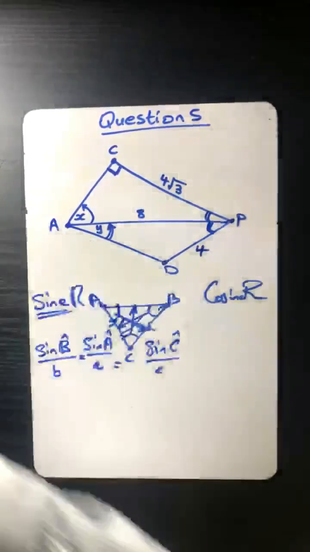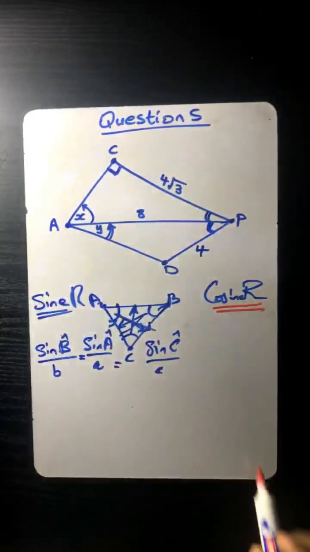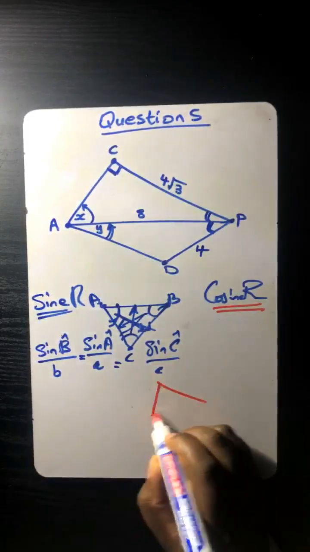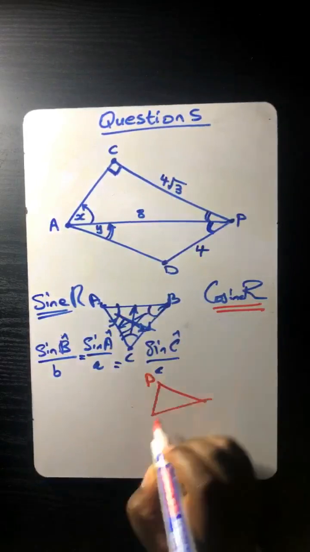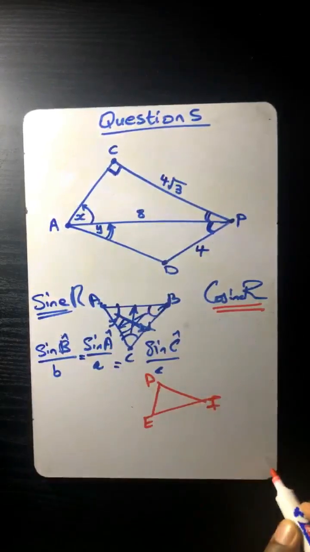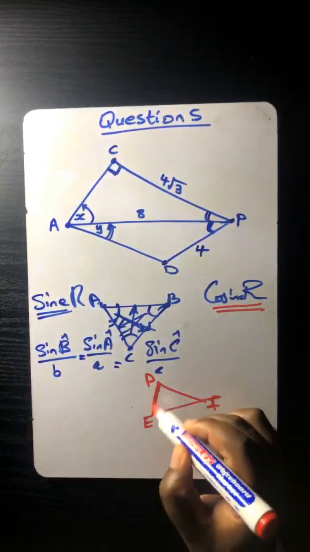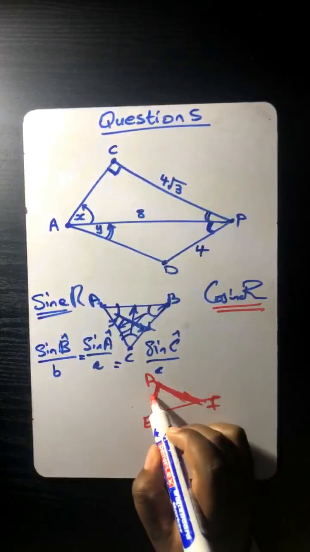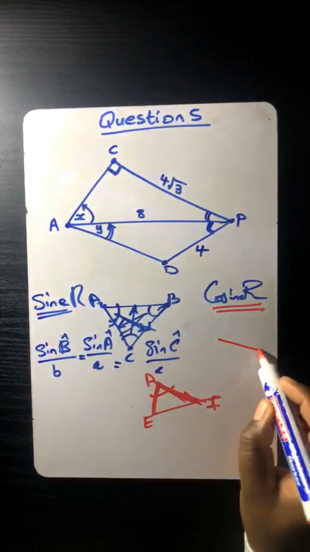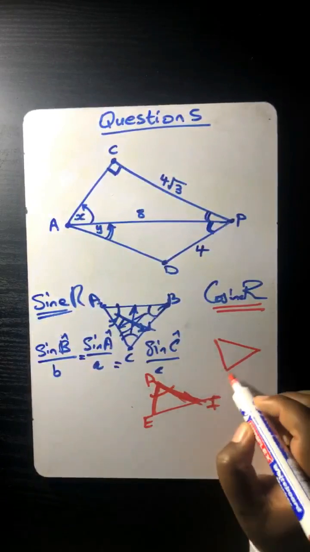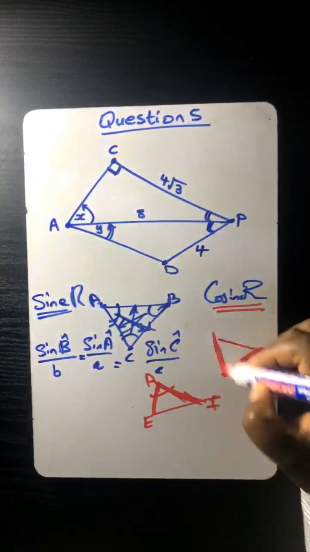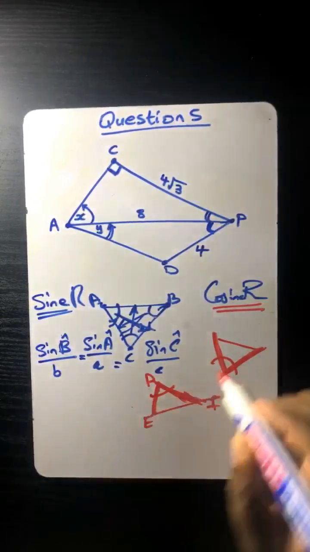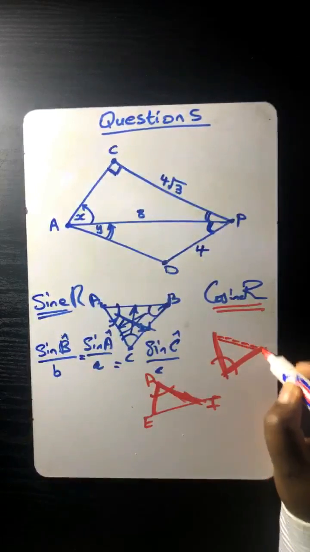Very quickly, let's look at the cosine rule. This one is also straightforward. In a triangle of any shape, let's say D, E, F, you must have two sides and an included angle, the angle in between. That's if you want to calculate the side opposite that angle in between.